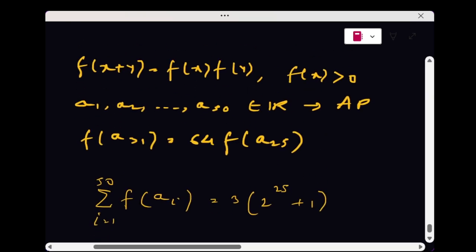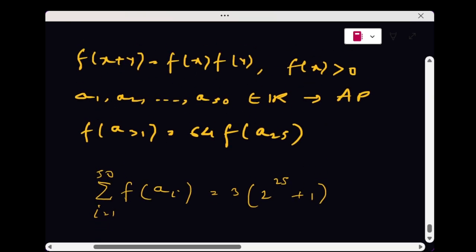So these are the informations that we have.